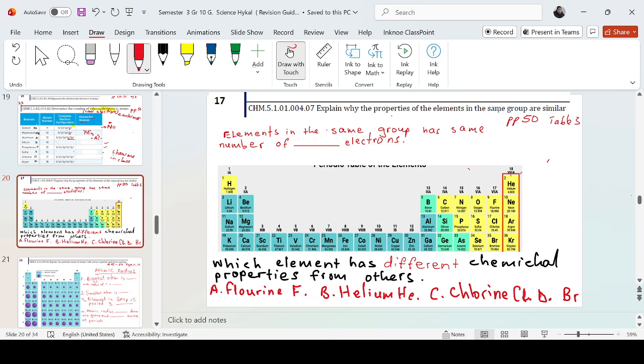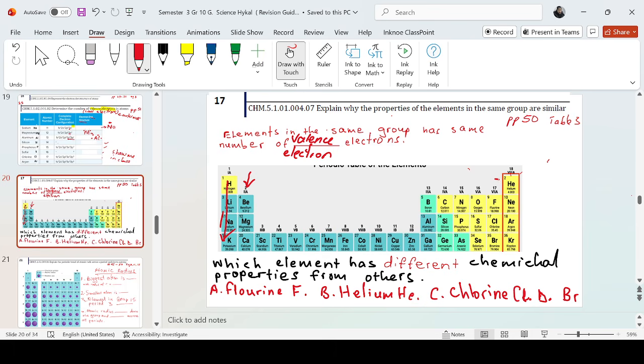Explain properties of the elements in the same group. So elements in the same group have the same number of electrons, I told you. All these elements in group 1, they have 1 electron. Same number of what? Electrons. Elements in the same group have the same number of valence electrons. Elements in group 2, they have 2 electrons outside the shell.